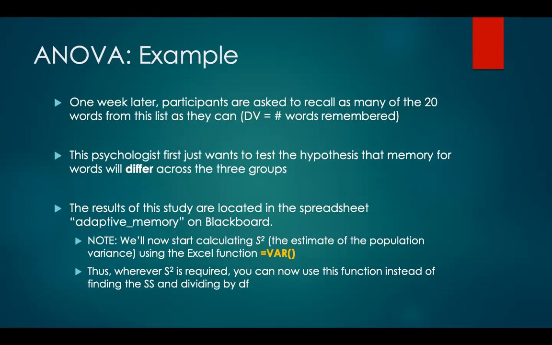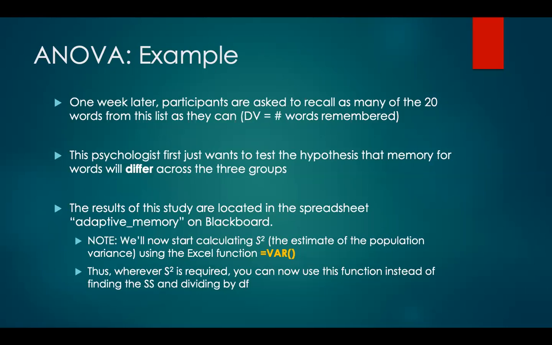And the dependent variable, or what the researcher is measuring, is the number of words remembered. So this psychologist first just wants to test the hypothesis that memory for words will differ across the 3 groups. The results of this study are located in the spreadsheet Adaptive Memory on Blackboard.